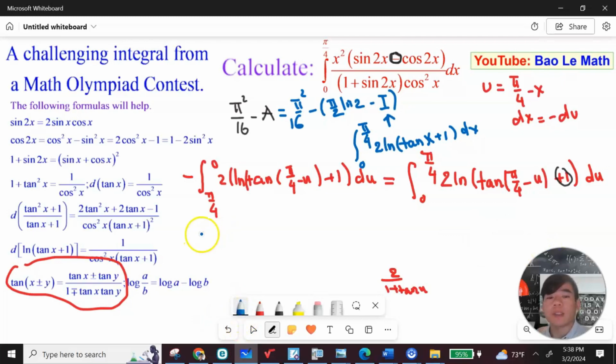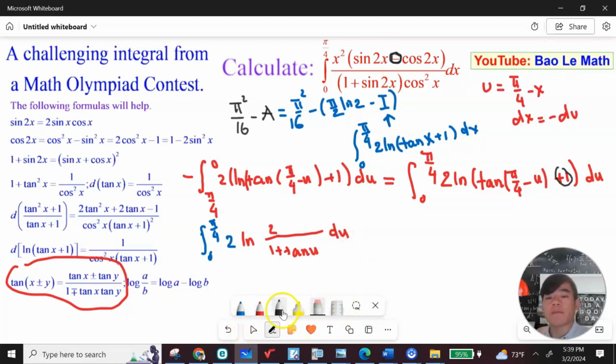So it's going to be equal to the integral from 0 to pi over 4, and you have 2 right here, and this guy right here equals natural log of 2 over 1 plus tangent u, du.